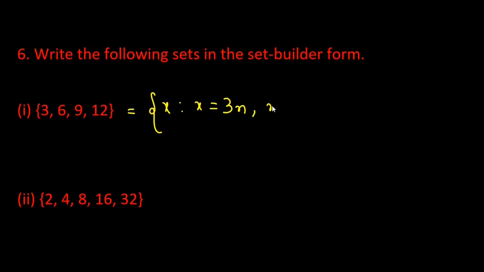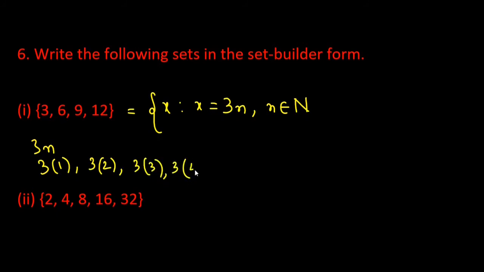Here n is a natural number, n belongs to capital N. And there is a restriction on n. n can be 1, 2, 3, 4: 3 into 1, 3 into 2, 3 into 3, 3 into 4.